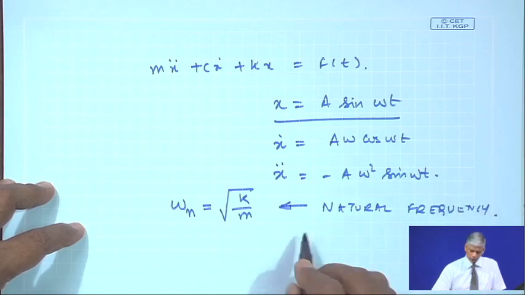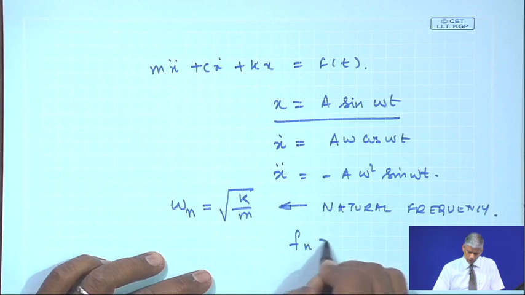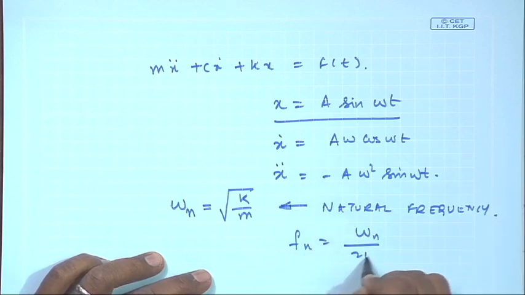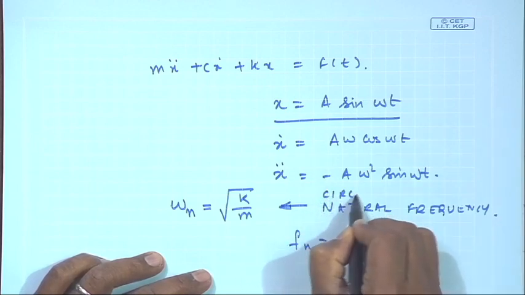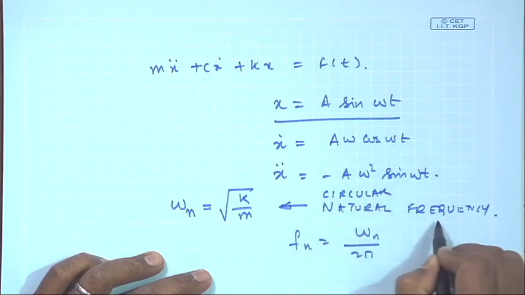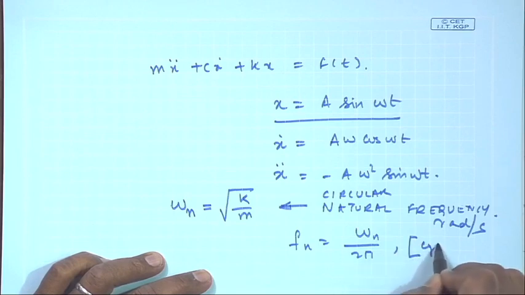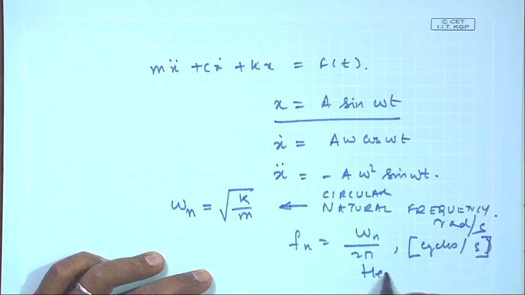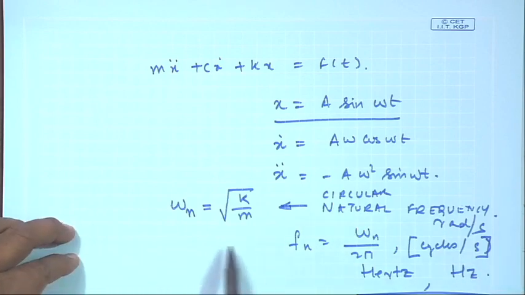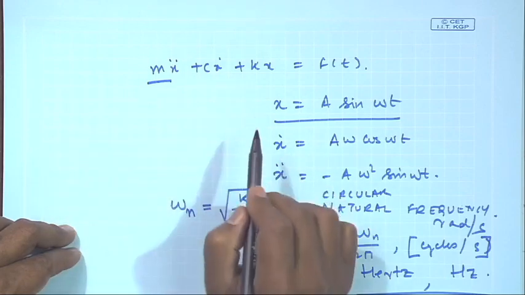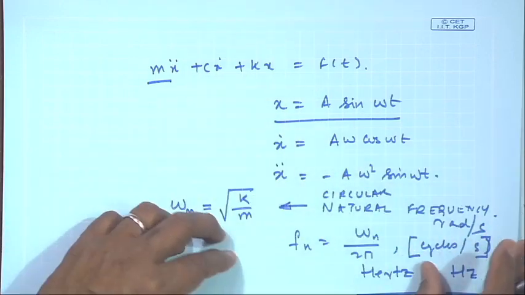This is the circular natural frequency, where f n is equal to omega n by 2 pi. Usually the unit for omega n is radians per second, and for f n the unit is cycles per second, or it is written as Hertz, capital H small z. So, this is the natural frequency of this rigid body of mass m.